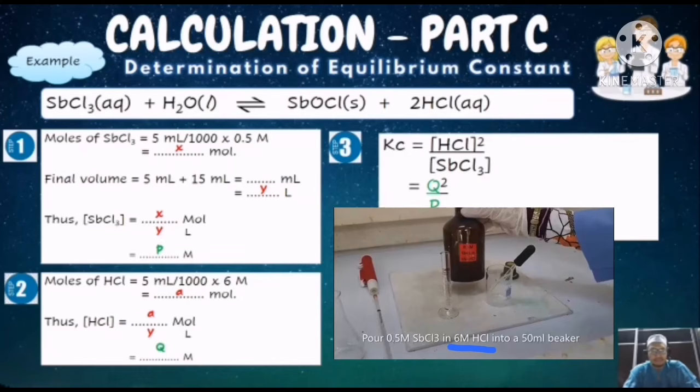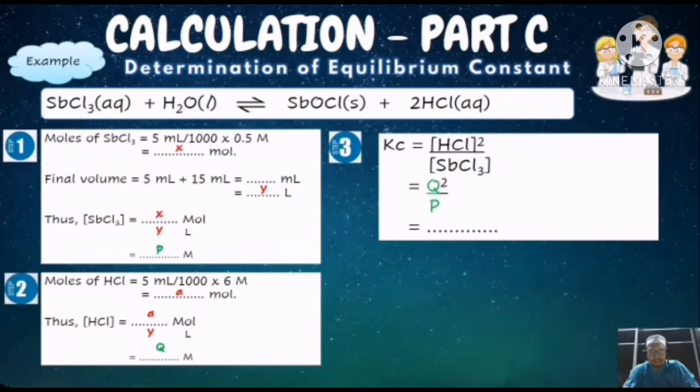And then we have to calculate the number of moles of HCl equal to 5 ml divided by 1000 times 6 molar. The answer is A mole, and then the new concentration of HCl is A mole divided by the new volume, which is Y liter, and equals Q molar.